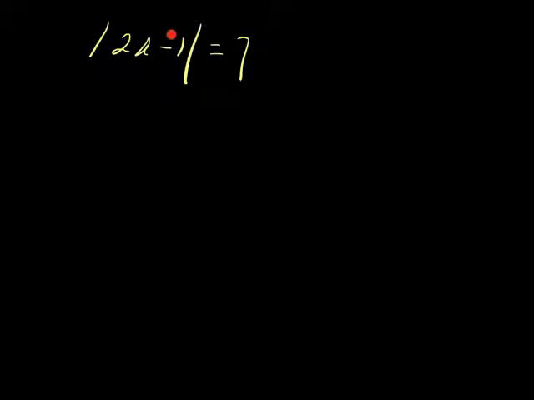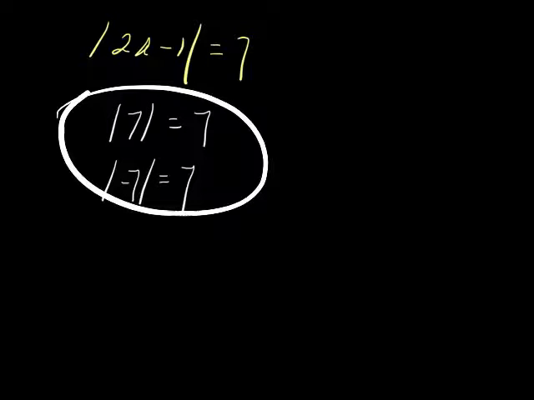Either the absolute value of 7 equals 7, or the absolute value of negative 7 equals 7, right? So there's two options for our answers there. So in order to make this statement work, this 2a minus 1 right here, without the absolute value sign, has to be equal to either 7 or negative 7, right? Because then when we take the absolute value, we get a positive 7.